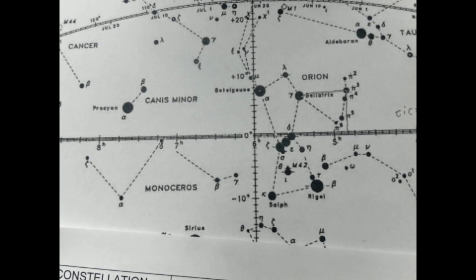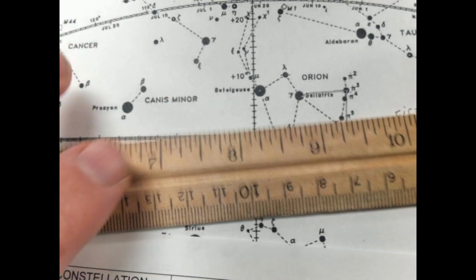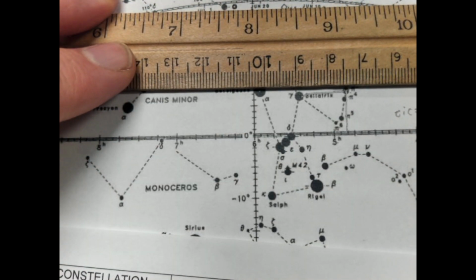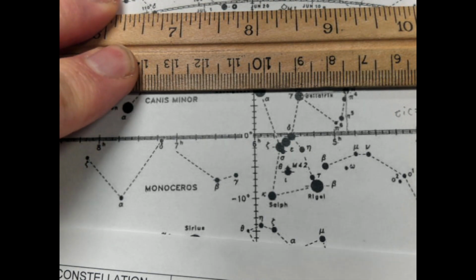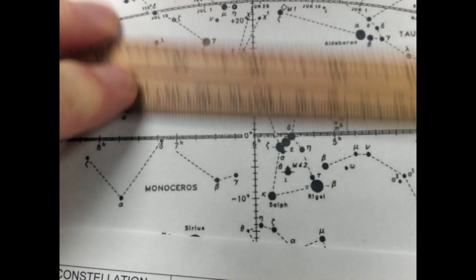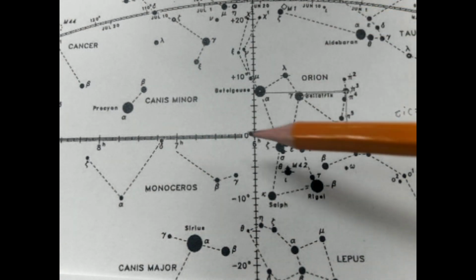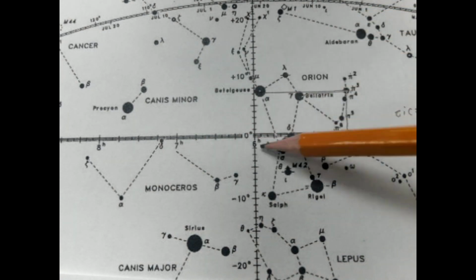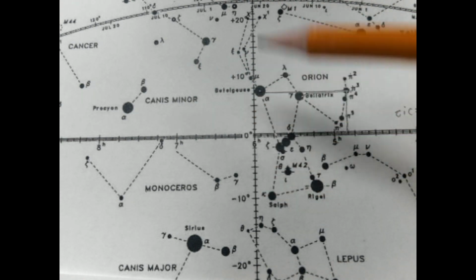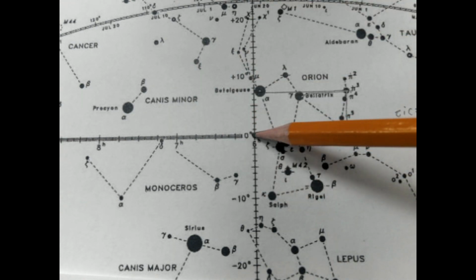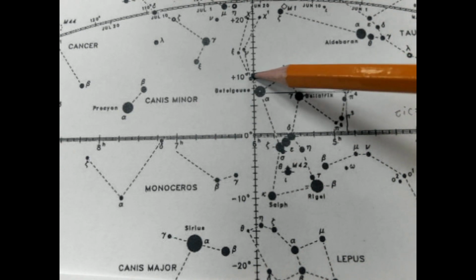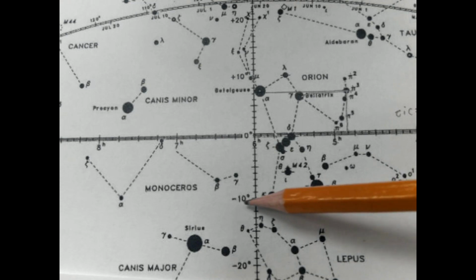Declination. I'll grab a ruler, try to keep this level straight over to this. The equatorial map has 5 different lines that show the divisions. 0 degrees down here. It's got 10 degrees, which is kind of messed up a little bit, and then 10 degrees here.